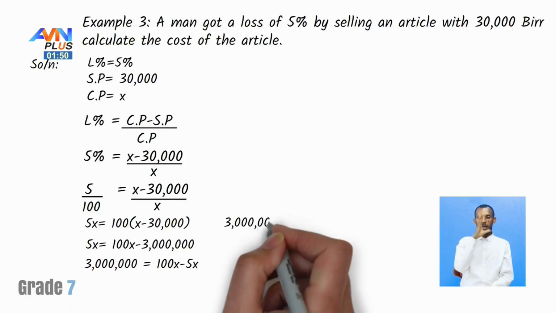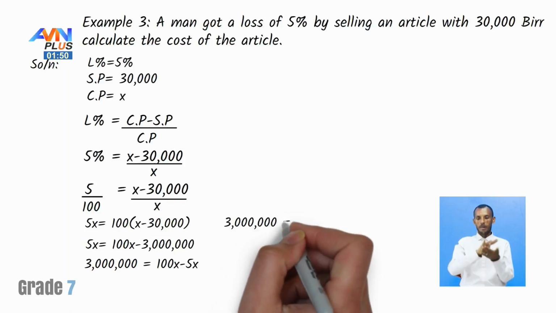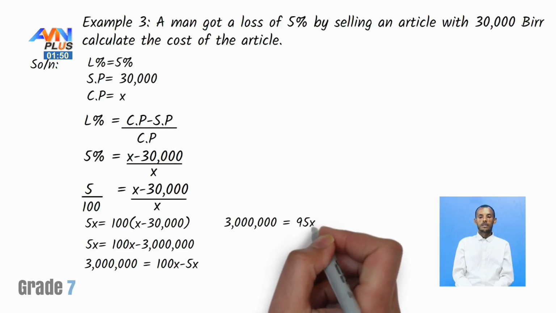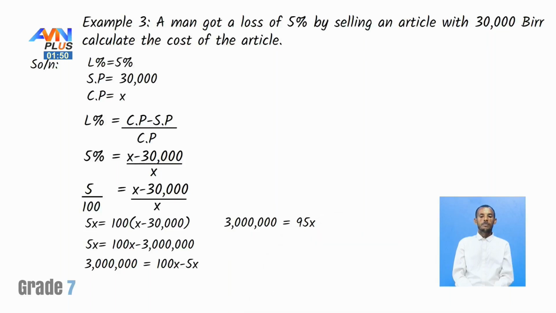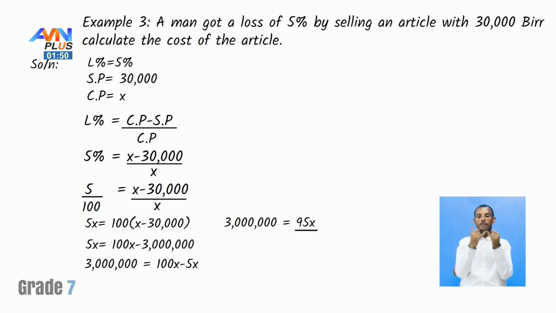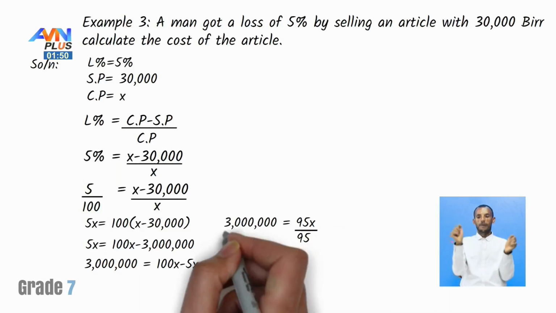And this one is 3 million. So to find x, divide both sides by 95.